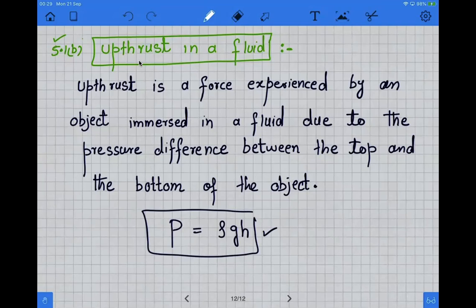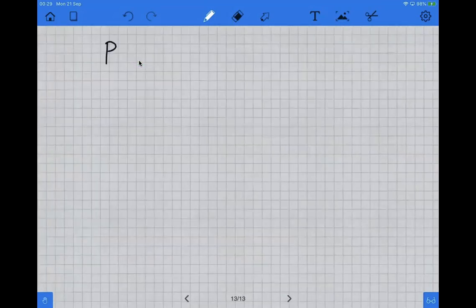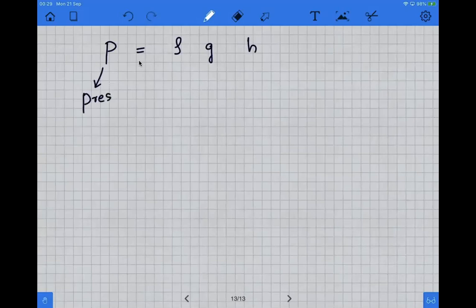P is equal to rho into G into H. P is the pressure due to liquid generally. We will understand the concept for liquid, yet later on we'll also apply that to the gases.